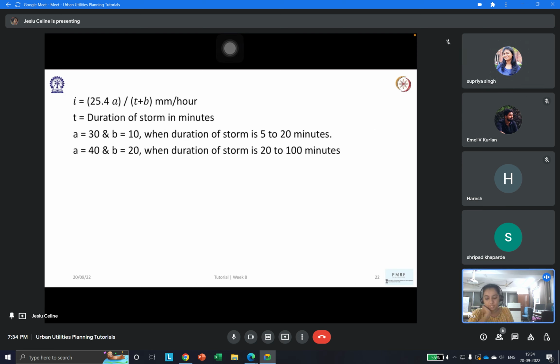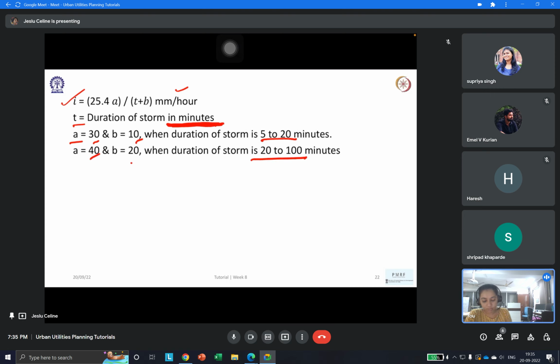Right, correct. So this is the formula that we're using, and T is the duration of storm in minutes. We need to take care because our option answer comes in millimeter per hour. So in case a duration was given in hours, we will need to convert it. A and B are constants which depend upon the duration of the storm. So for 5 to 20 minutes, we use 30 and 10, and for 20 to 100 minutes, we use 40 and 20.